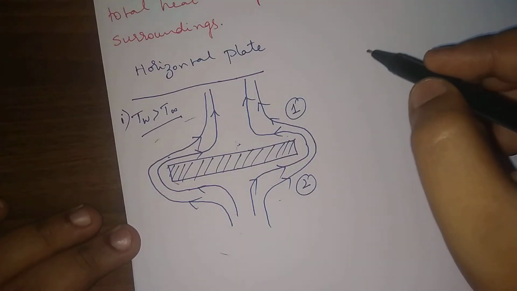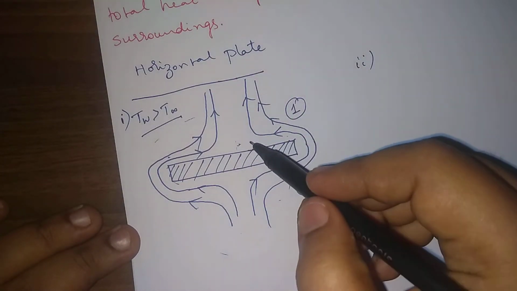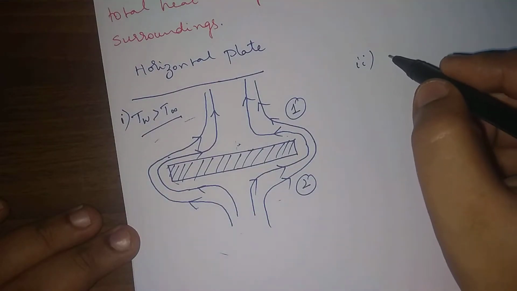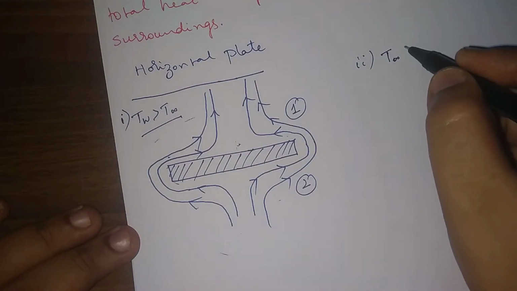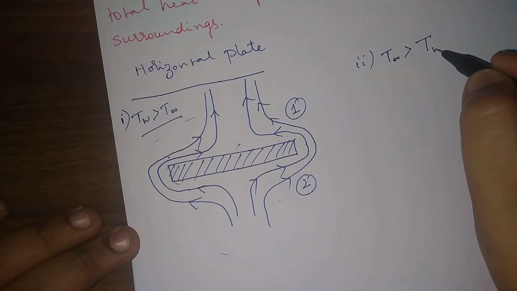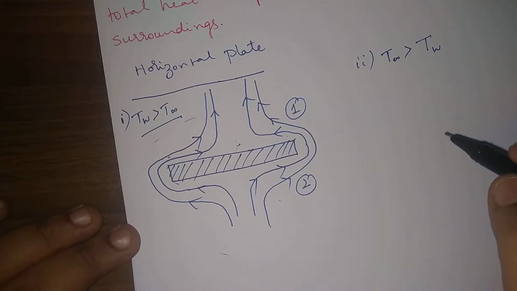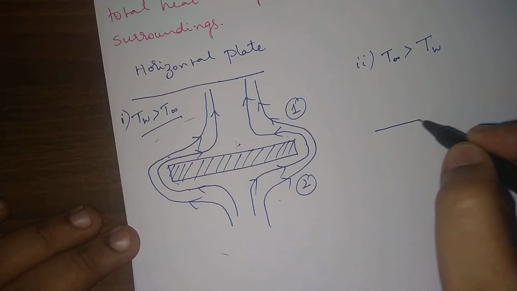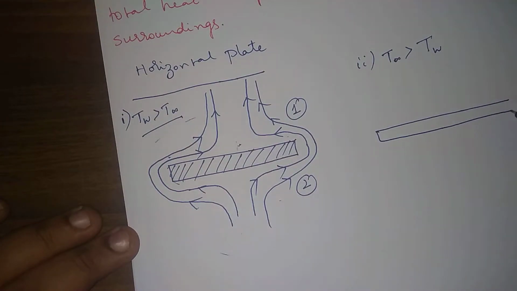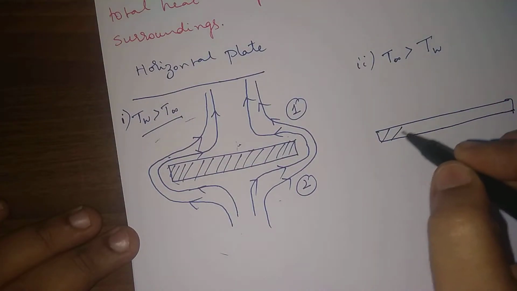Also there is one more case. Now the heat transfer coefficients on the top and bottom are entirely different. The second case is when T infinity is greater than T wall. Let me write the same diagram. This is the flat plate.